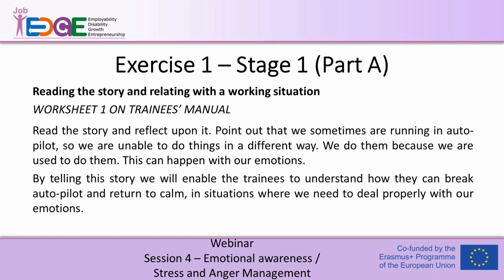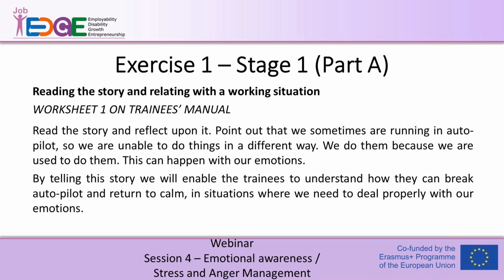So, after reading the story, the instructor should point out that we sometimes are running in an automatic way, with an automatic pilot. So we are unable to do things in a different way. We do them because we are used to doing them.